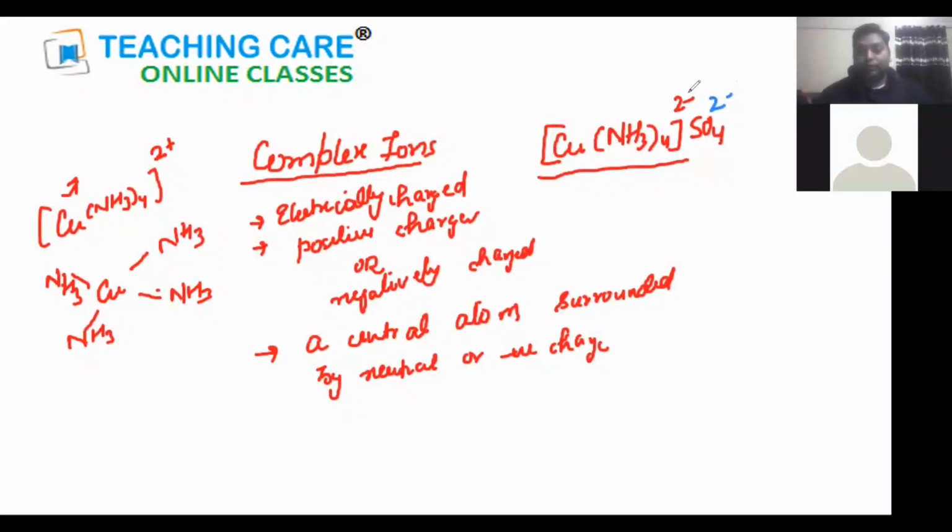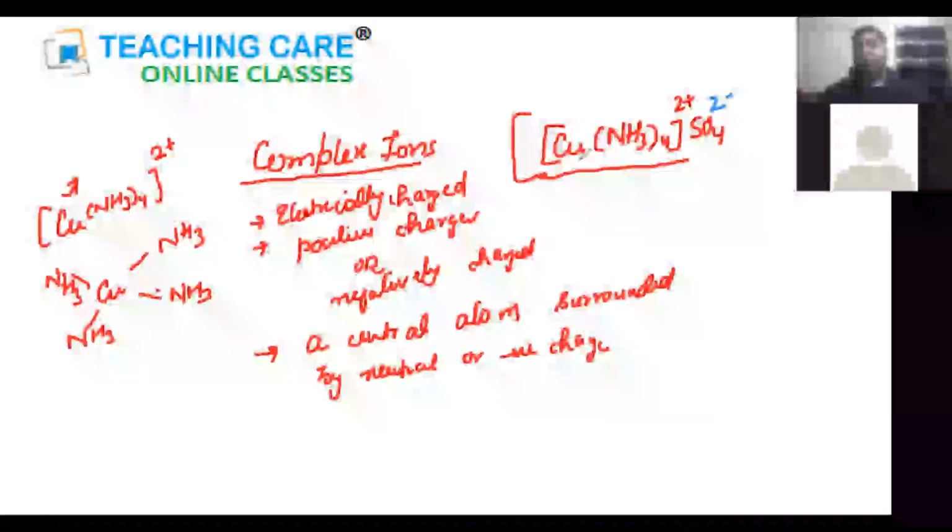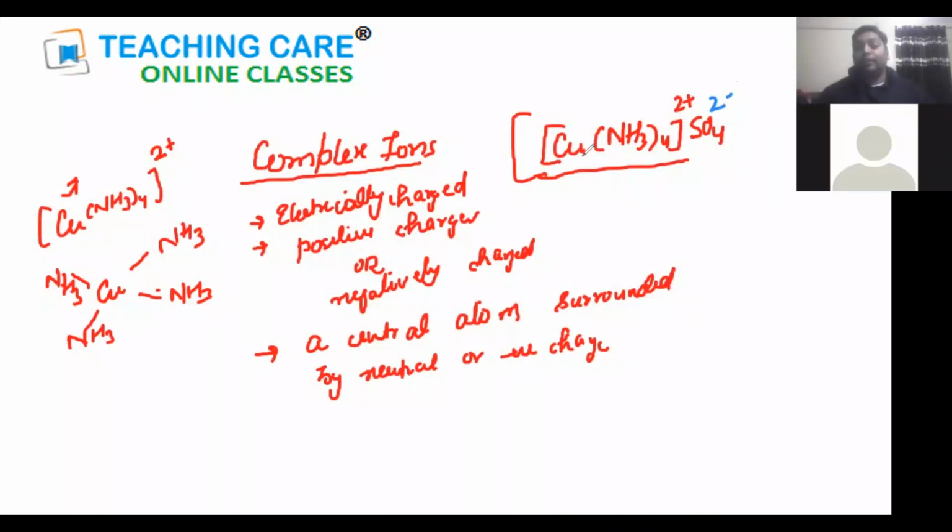The ions present inside the bracket are known as the complex ion. It is always written inside the bracket, and it may have a positive charge, negative charge, or be neutral. A complex ion has a central atom surrounded by neutral or charged particles. Got it?